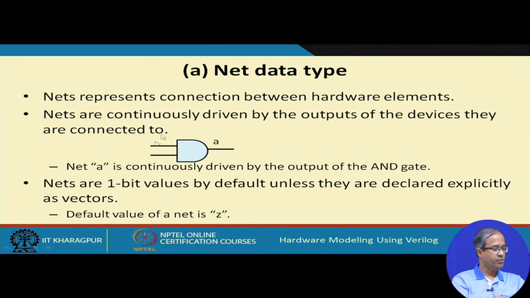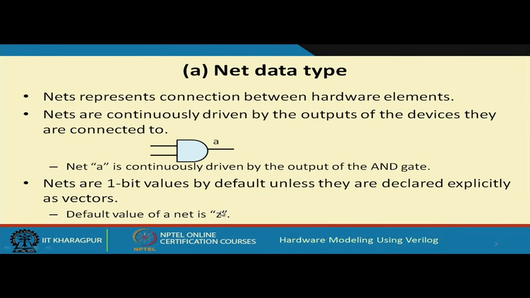I can use these vectors in my Verilog description or coding also. This we will see. And one thing: when you declare a net but have not initialized it yet, by default the value is considered to be in the high impedance state. Z refers to high impedance or the tri state.